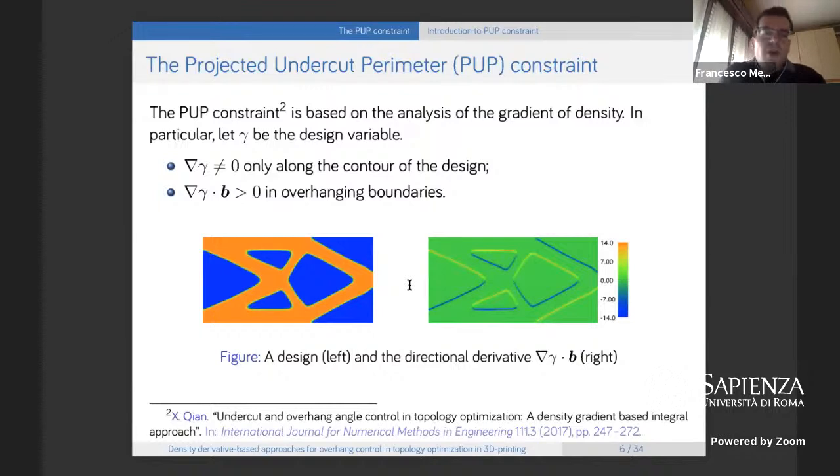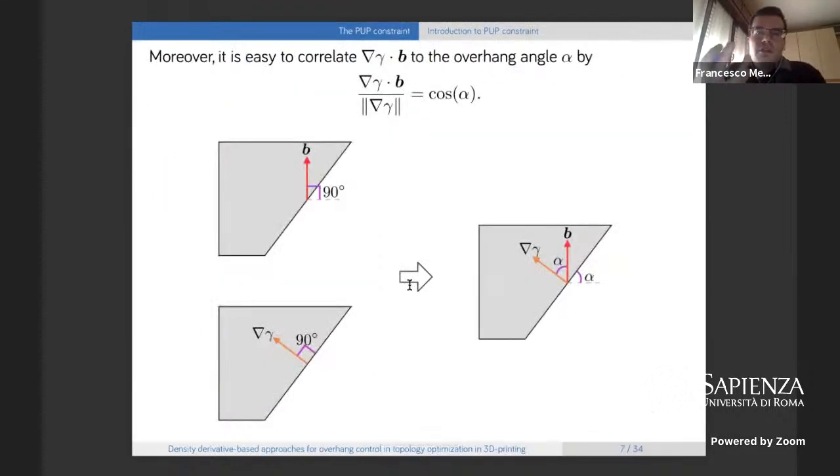But at this point, it is also easy to relate the overhang angle alpha to the dot product of the gradient of gamma and b. This can be done directly from the definition of dot product. So we have this relation here, where alpha is the angle between the gradient of gamma and our build direction.